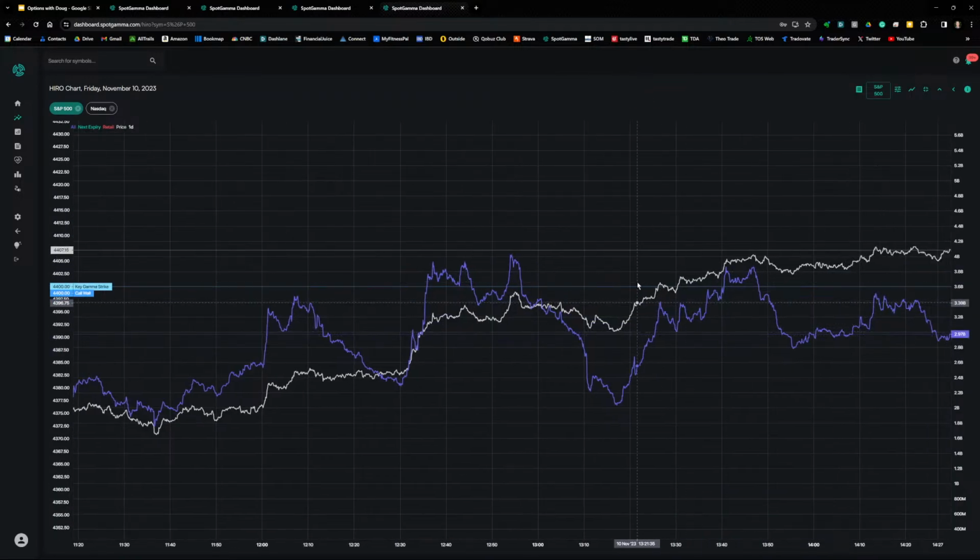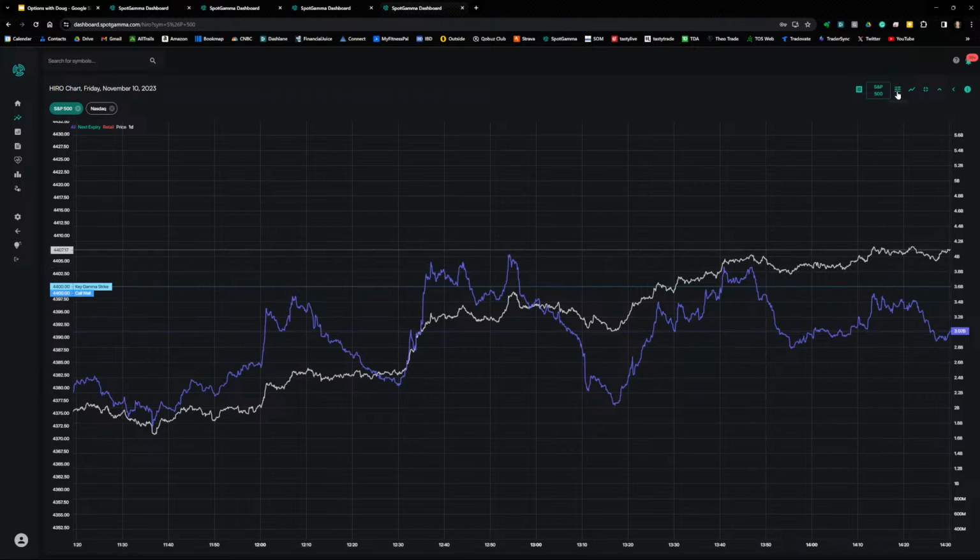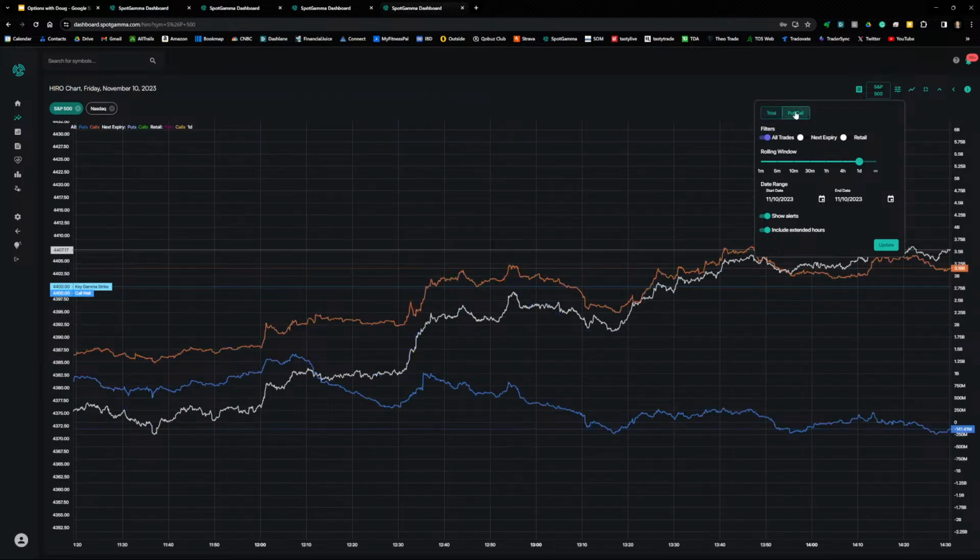All right, so overall Hero indicator starting to move a little bit lower. But so far today, the call buyers have definitely been in charge.